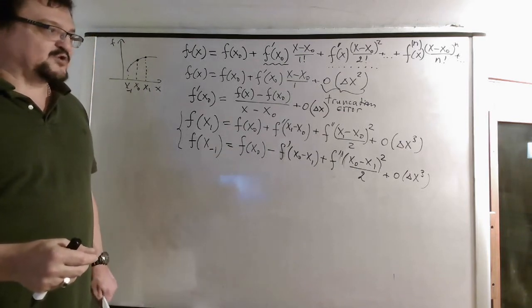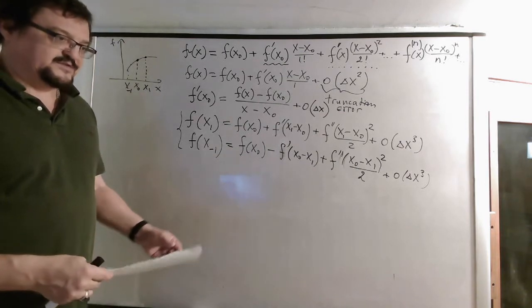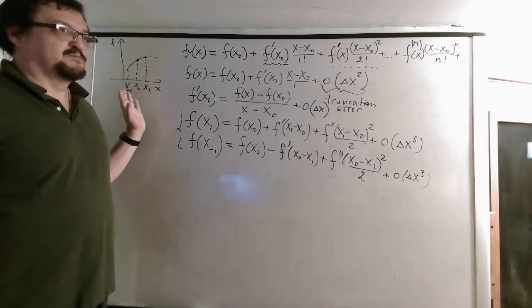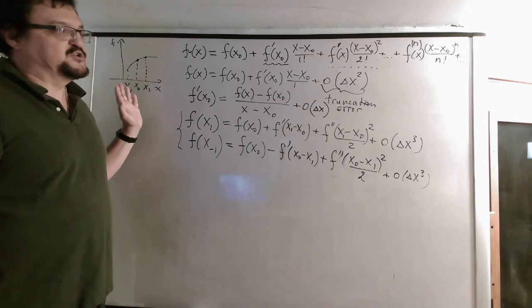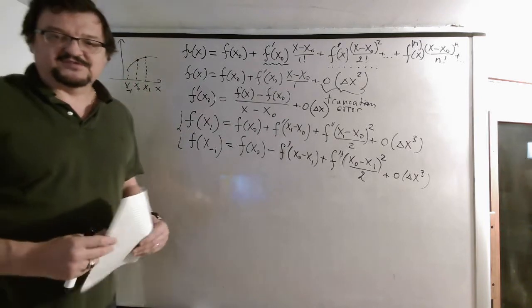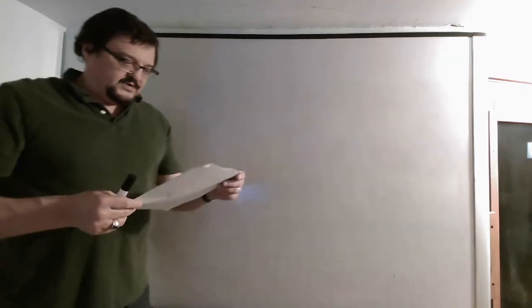So let's talk about that. This simple case, when your grid spacing is constant, greatly simplifies everything. Okay, so let's consider the case when the derivatives are approximated using a uniform grid.